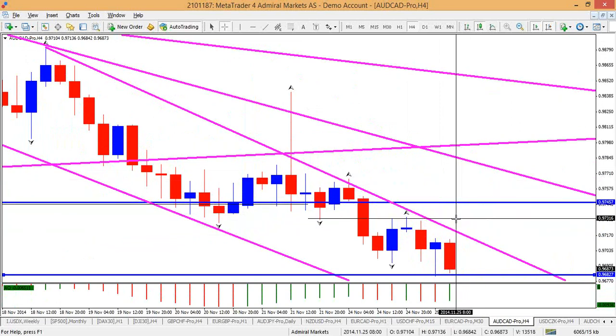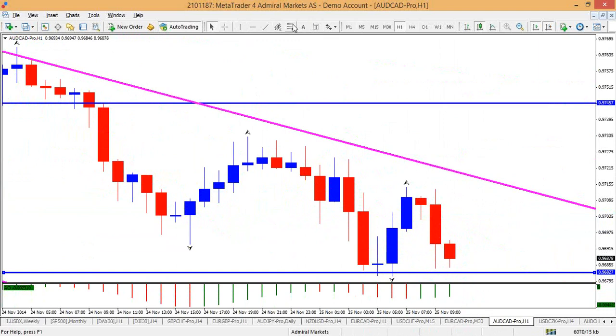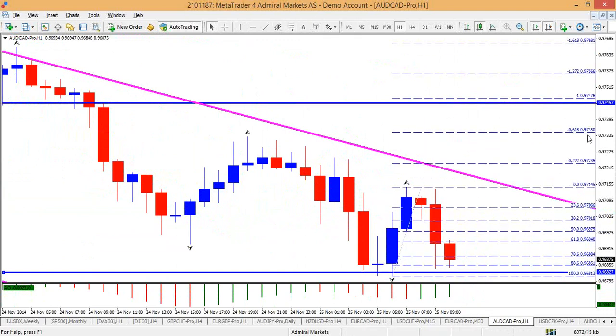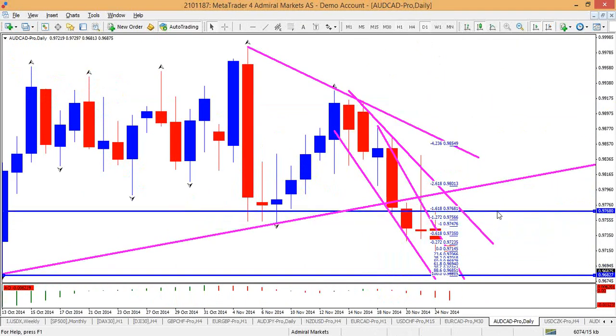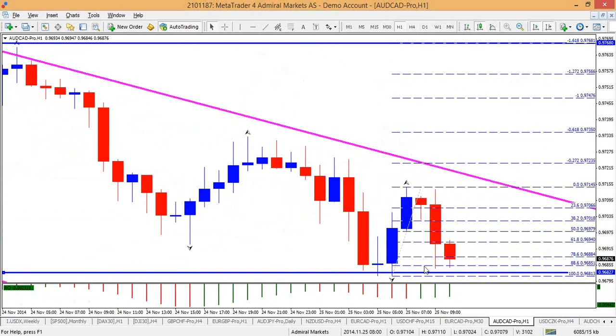Yeah, so if we put back the fib here, 97.35 is the minus 618 target. Yesterday's high is 97.68. So an entry could be here with a stop loss above this 4-hour fractal. So that's what I would think about the ARCAD.